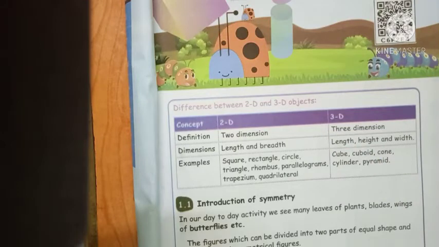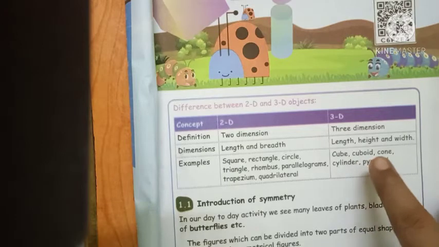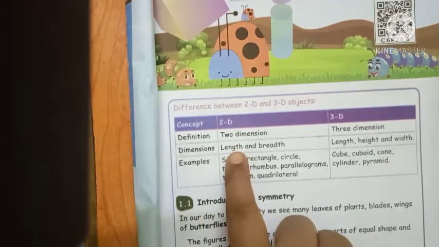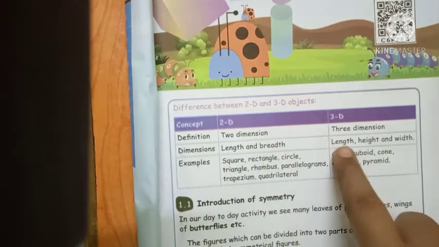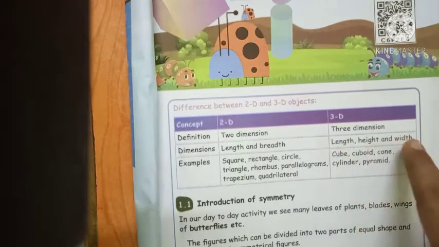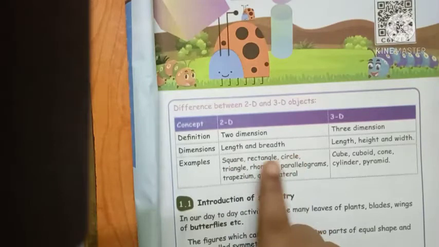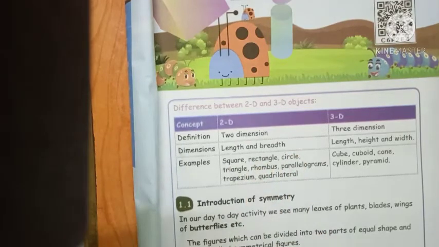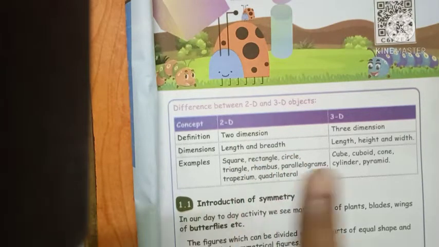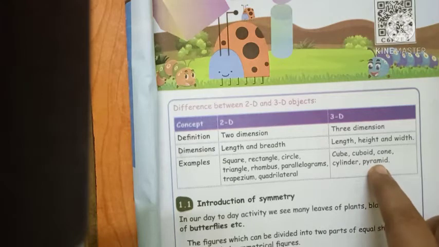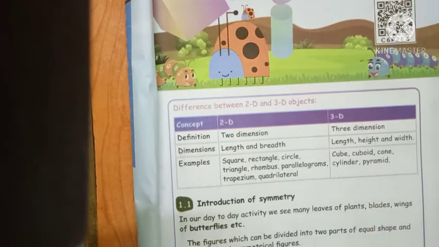So 3D shapes have length, height, breadth, width. 2D shapes have only length and breadth. 3D shapes have length, height and width. So square, rectangle, circle have only two sides, two-dimensional. But 3D shapes are cube, cuboid, cone, cylinder and pyramid.